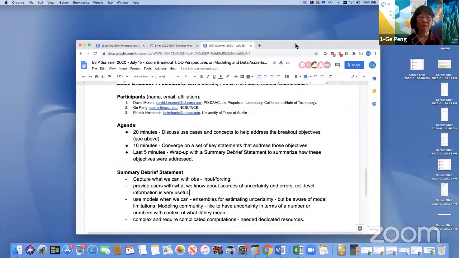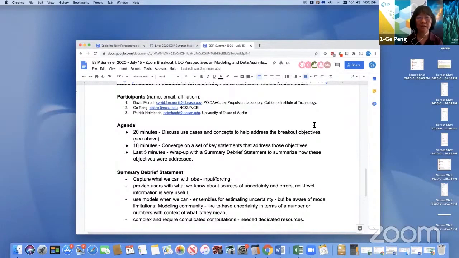And the cell level information is very important. That's one of the reasons for the work David and other groups are doing on the NetCDF, that's information on the cell level. And the third one is to use models whenever we can, and especially they can be utilized to produce ensembles to estimate uncertainties. But we need to be aware of model limitations in terms of the physics and other factors.